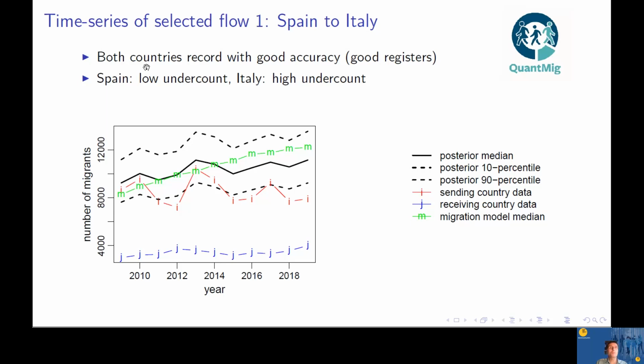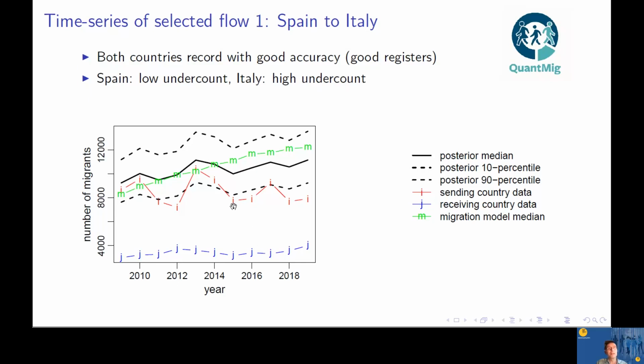When both countries record the data, we will see the sending country with an I, because we often think of sending from country I to receiving J. So this is the flows reported by Spain that went to Italy over time. Here we have Italy's reported receiving in blue. So this is what they reported receiving.